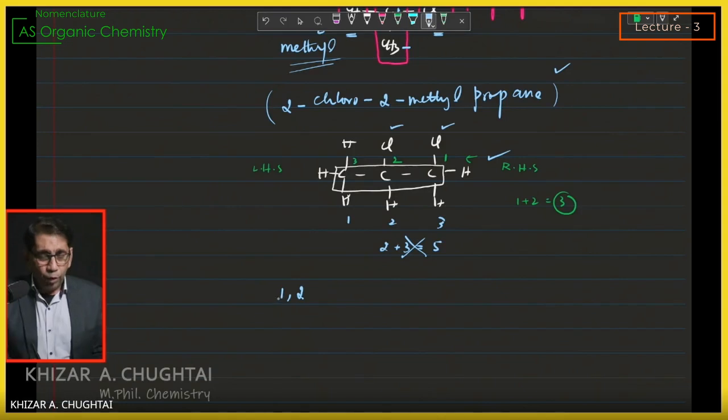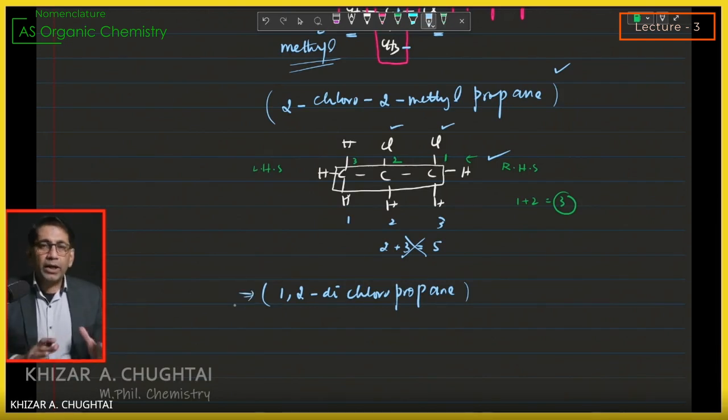If there are more than two branches and they are similar, then you will write commas between the numbers. 1,2-dichloro, with di meaning two. The longest chain has 3 carbons and there is no double bond, so I will write propane. So the name of this compound is 1,2-dichloropropane.